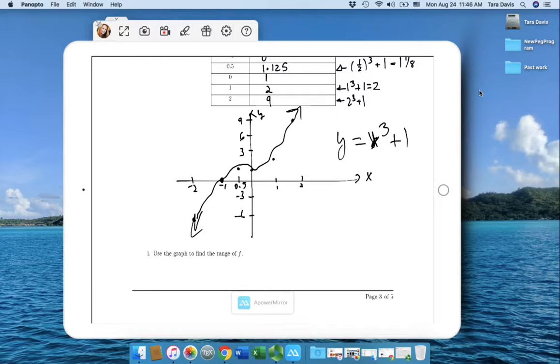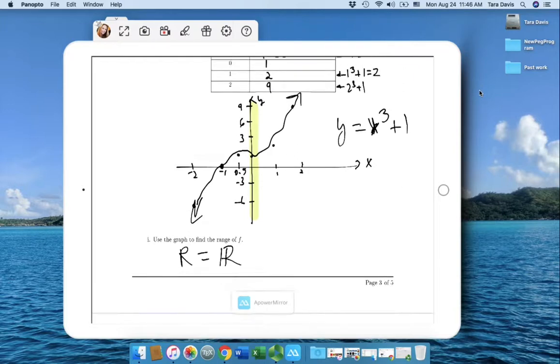So we can also use the graph to find the range. The range is all the y values that have an x value. So the range is all real numbers. The graph is nice for finding the range because it can actually be difficult to find the range just from the equation, but it's not as bad to find it from the graph.